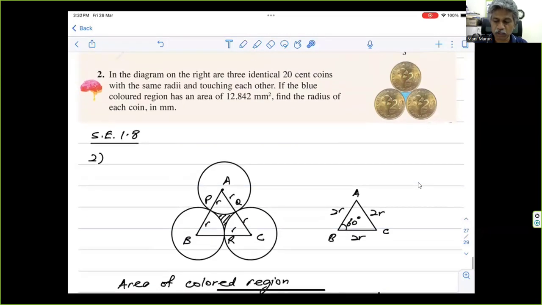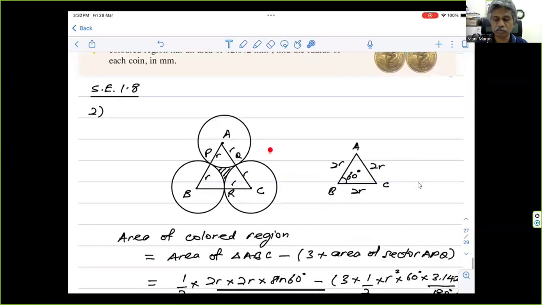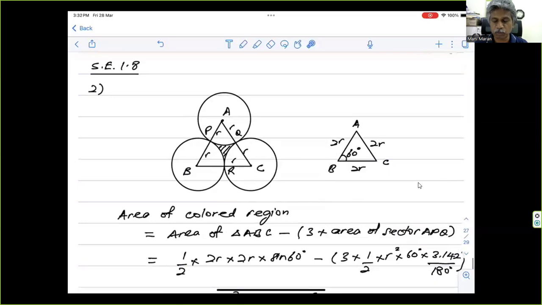The easiest way to do this kind of question, which comes with pictures, is to draw a diagram. When you draw a diagram and label all the different points, you can easily understand and solve the problem. You are given the area of the shaded region.